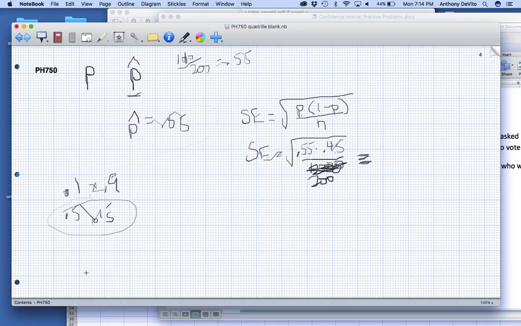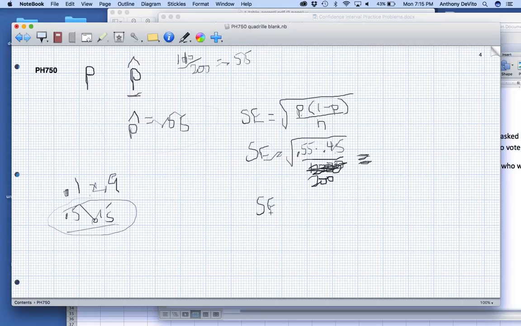That one does. 0.5 times 0.5 is 0.25. 0.1 times 0.9 is 0.09. So the closer you get to 50-50, the larger this number is going to be. So given the same sample size, the closer to 50-50 that you get, the larger the standard error you're going to have. That's just an aside, but let's take a look at how this affects us.